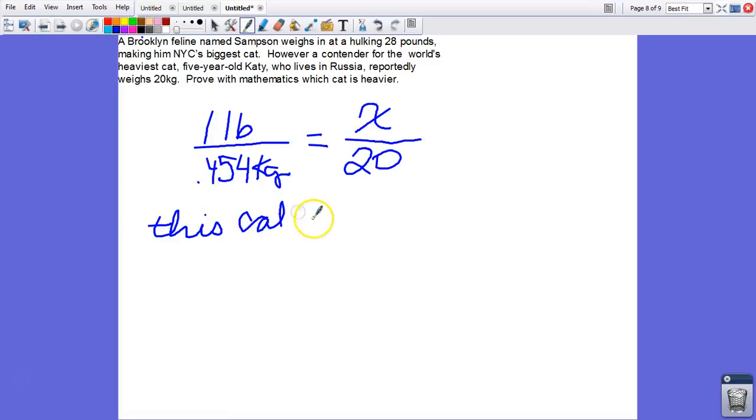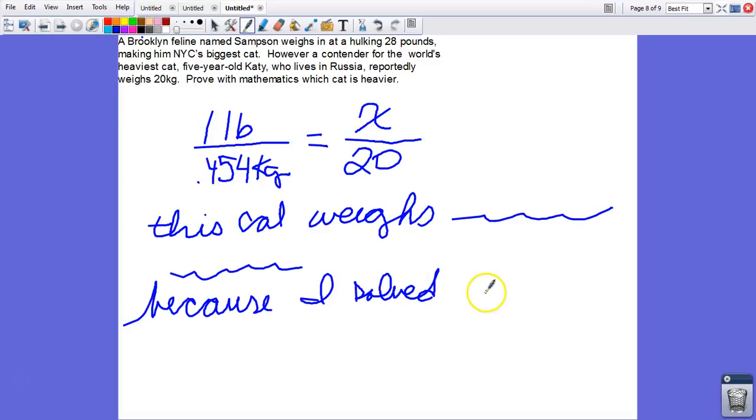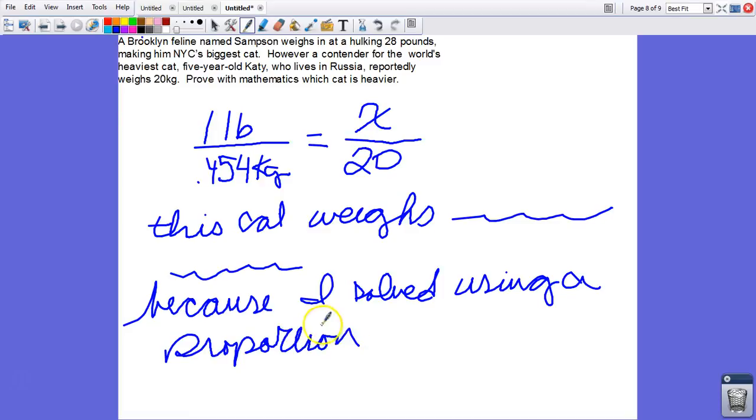This cat weighs however many kilograms or pounds, and the other cat weighs however many kilograms or pounds, and you say which weighs more because I solved using a proportion.